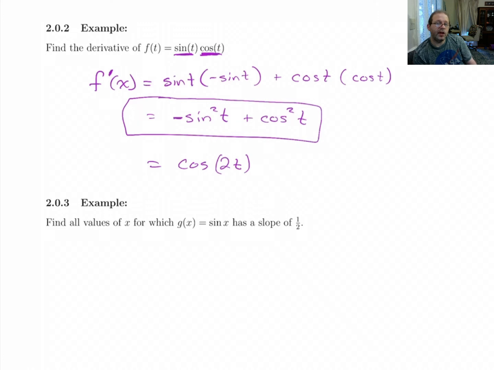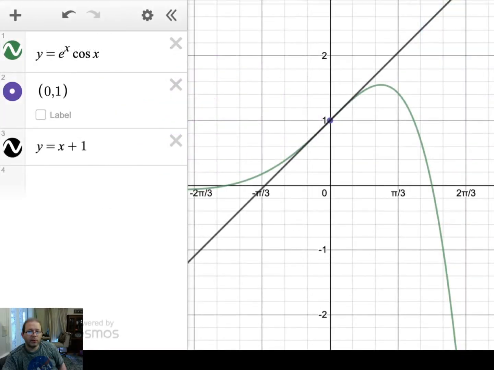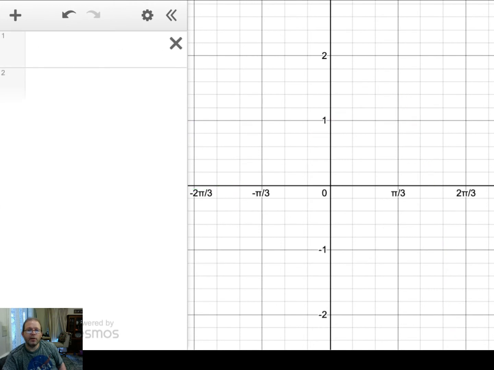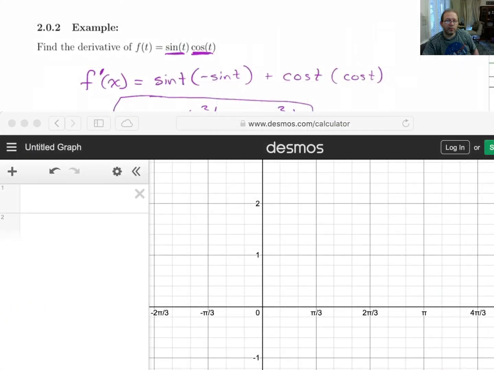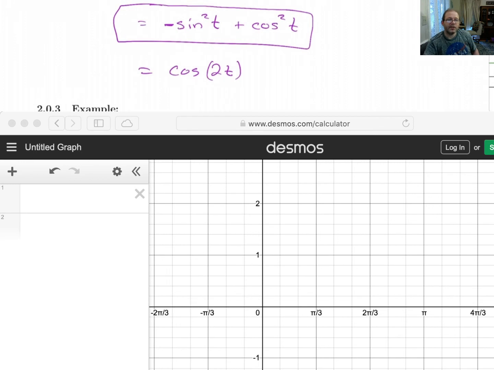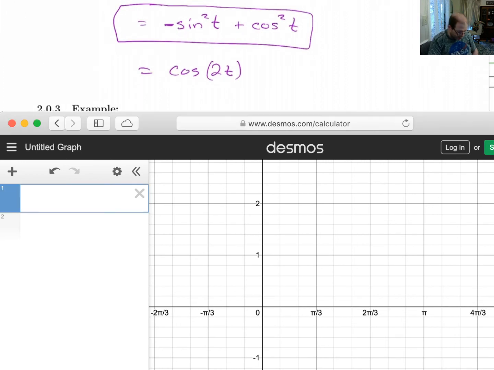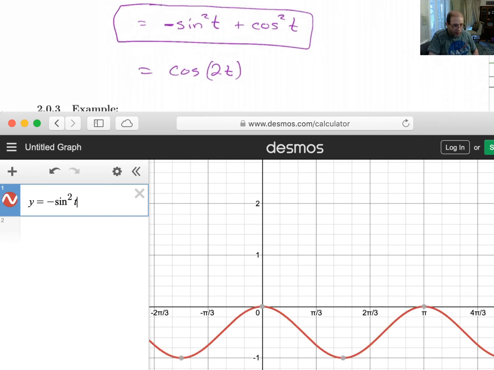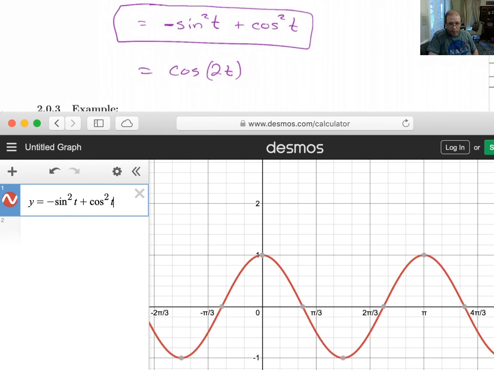There are two ways you could do that. You could look for an identity. The other thing you could do is graph both of them and see if they give you the same thing. Let's do that. What are the two things we had? Minus sine squared t plus cosine squared t gives me that.